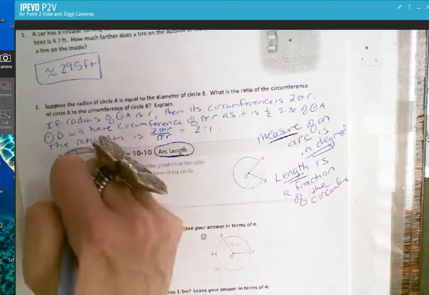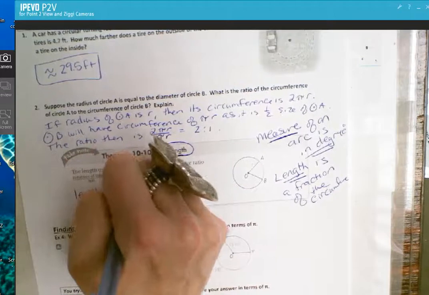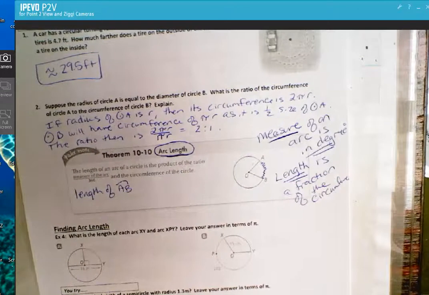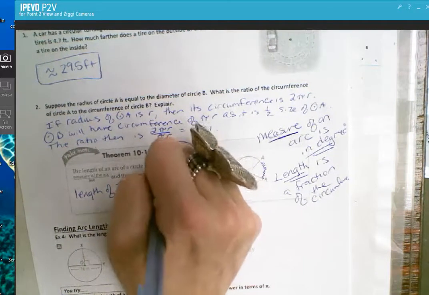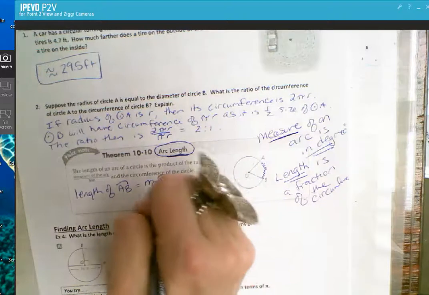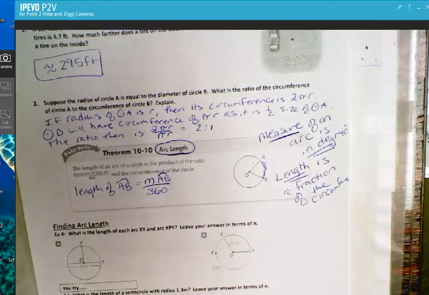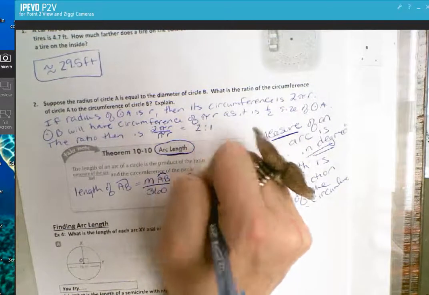So the formula for the length of, let's call it arc AB, we're looking to find the length right here of that arc, is equal to the ratio of its measure out of the full 360 times the entire circumference.